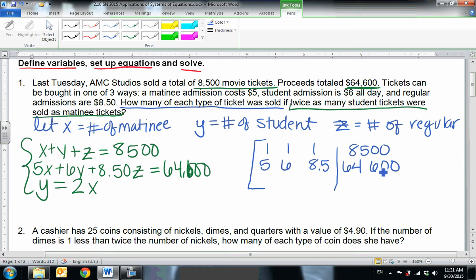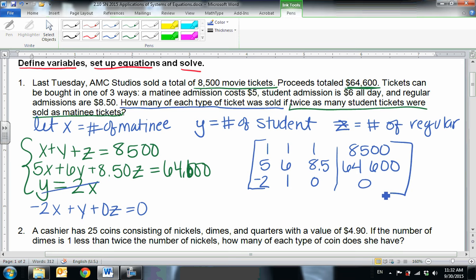Okay, let's be careful about our bottom row. How do I rewrite this? Okay, you can subtract 2x over or you can subtract y over. It does not matter as long as you are consistent. So I'm going to move my 2x over. So negative 2x plus y plus 0z equals, what's left when you subtract that over? 0. So negative 2, 1, 0, 0.